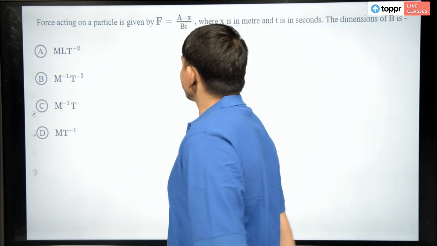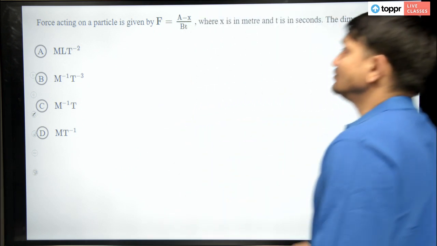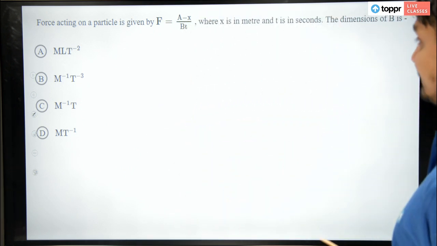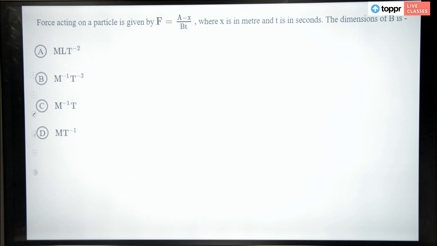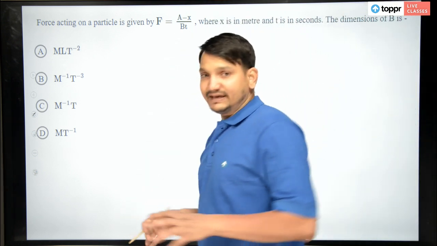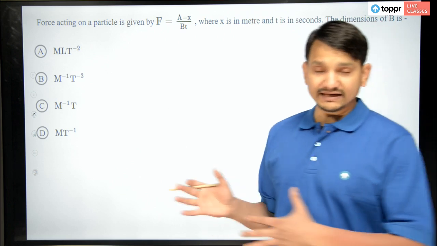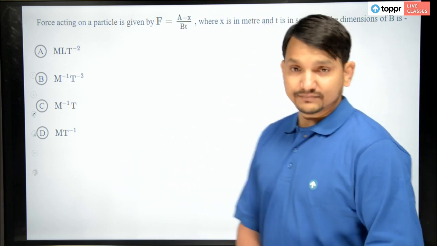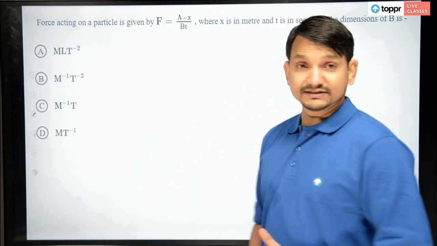So the question is: force acting on a particle is given by F equals A minus X divided by BT, where X is in meters and T is in seconds. The dimension of B is. So here we don't have to confuse this B as a symbol of magnetic field. This is just a random or fictitious quantity.